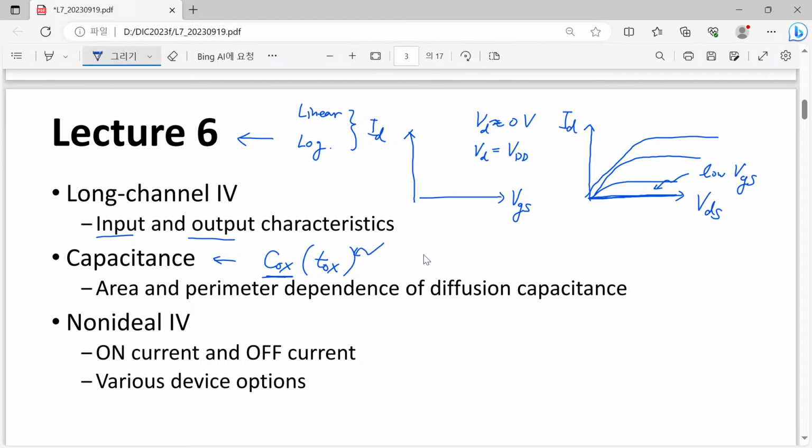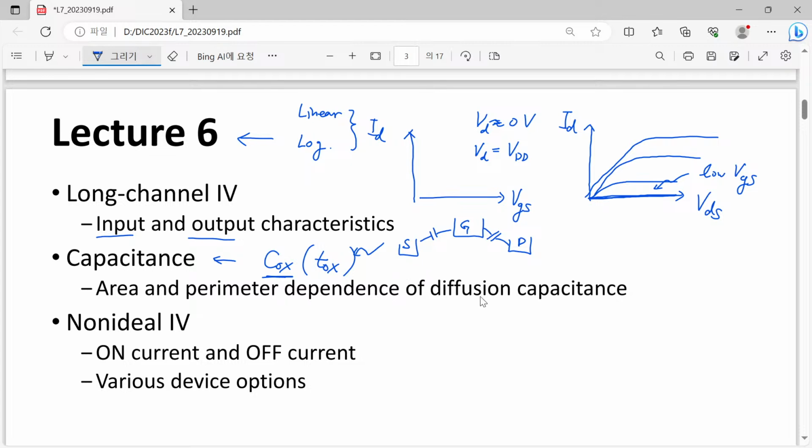However, we have unfortunately other parasitic capacitances. So if we have gate, and here we have source and drain, we have a certain capacitance between source and gate and another between drain and gate. Yes, this is the one.